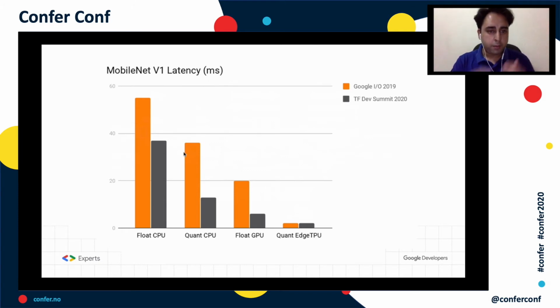If the model is this floating point model running on CPU, here is the latency comparison between these two different versions of TensorFlow Lite. As you can see, the performance is significantly improved compared to last year.